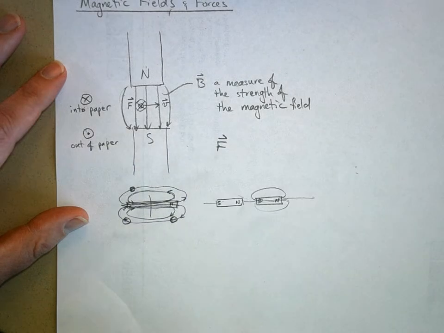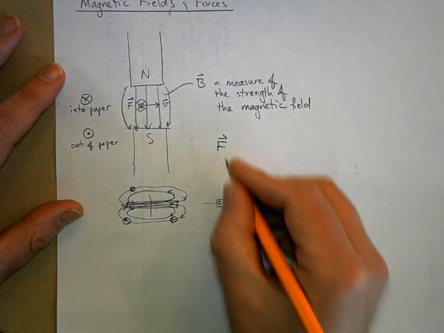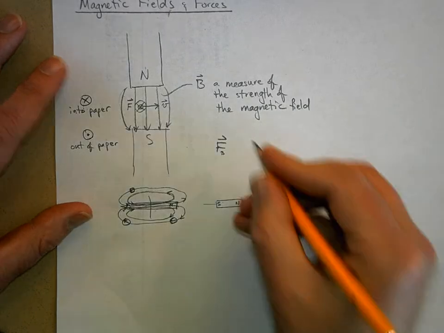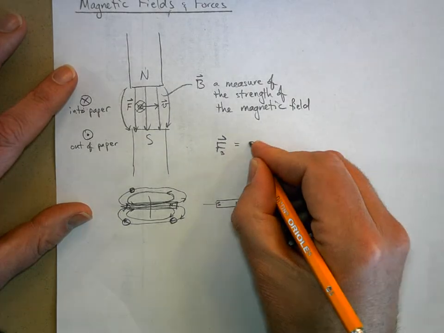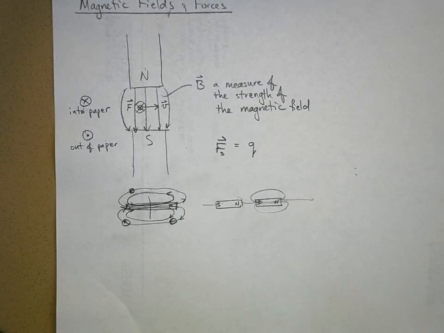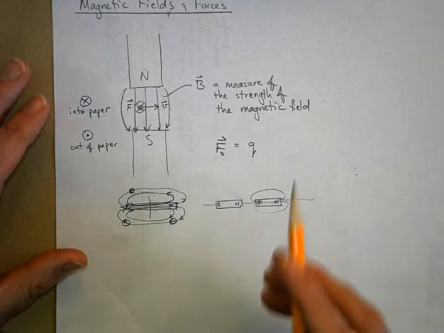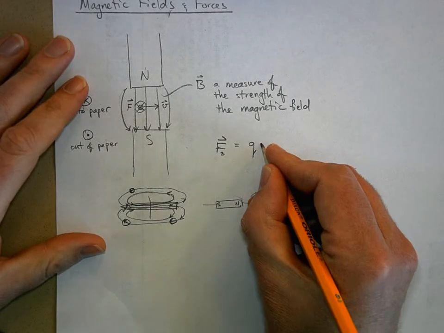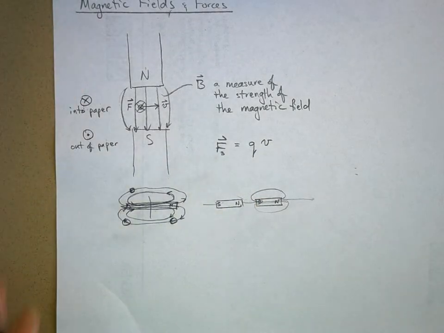The force on a moving charge due to a magnetic field, we'll call it F sub B, is equal, well, the object has to have charge, and we'll call that charge Q. You double the charge, you'll double the amount of magnetic force acting on that object. It has to be proportional.